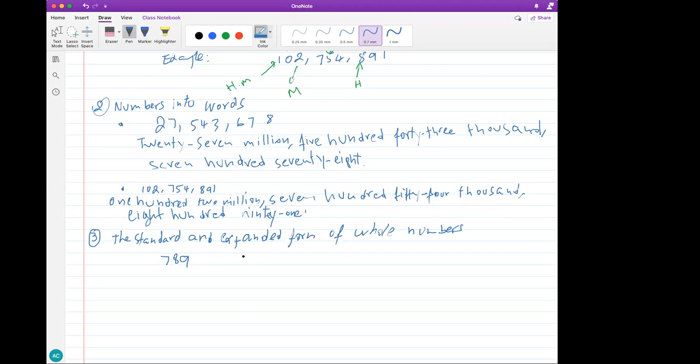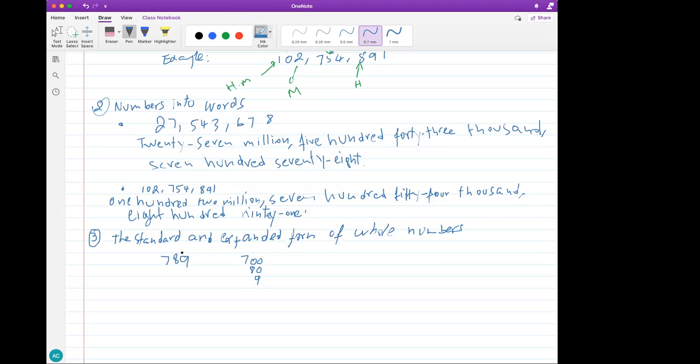We have 7, so you can say 700. That's the hundreds position. How many tens? 8, so 8 tens, that means 80. 8 times 10 is 80. Finally, we have 9 on the ones.